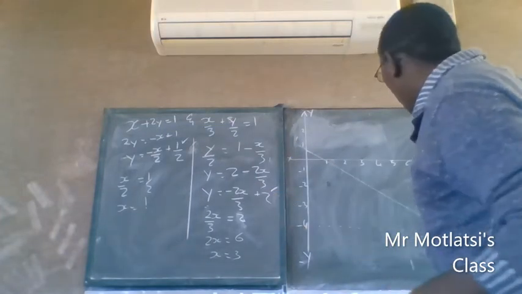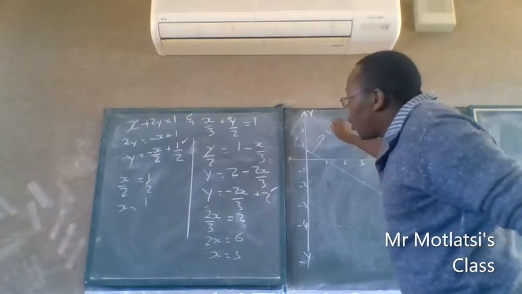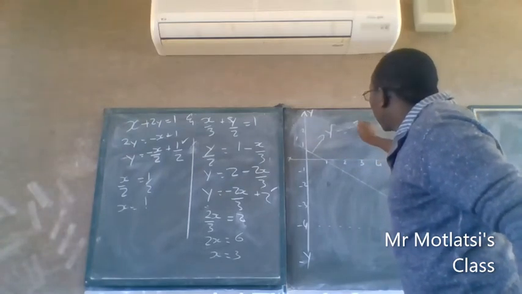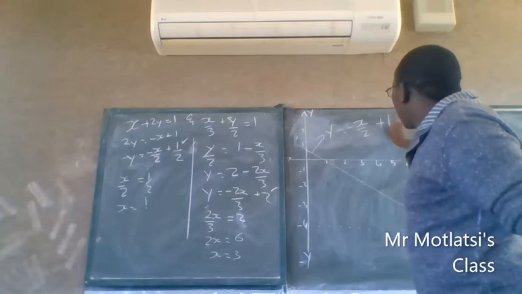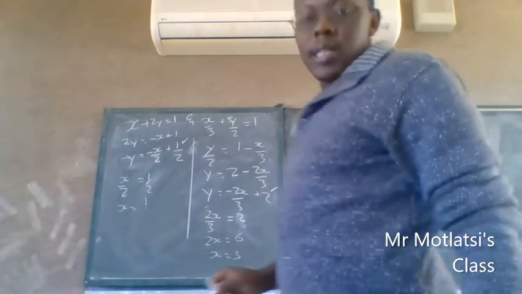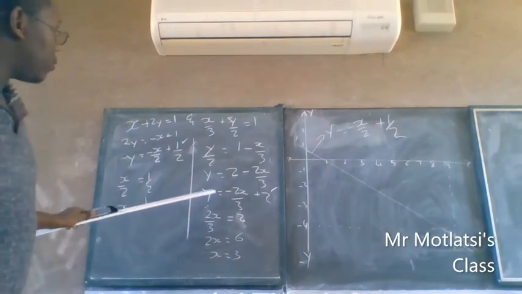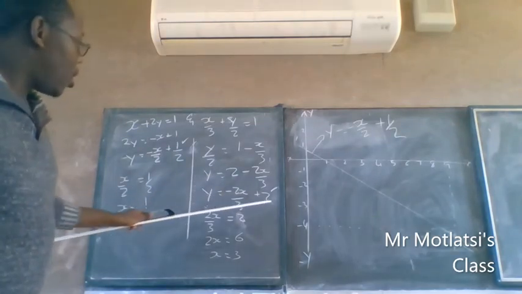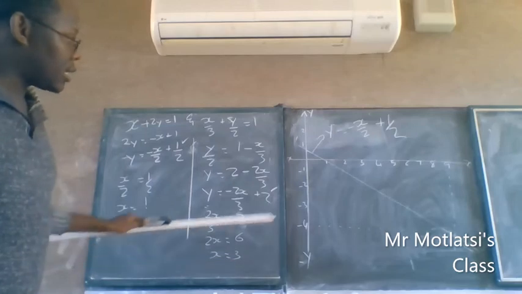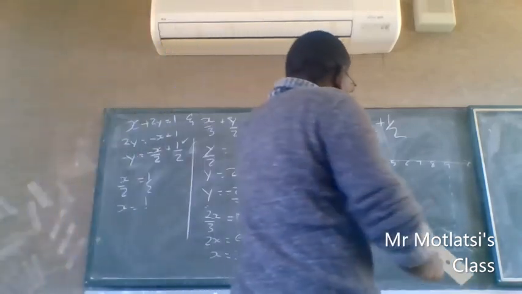Alright, so this is our line y equals minus x over 2 plus half. Then let's look at the second one. The second one crosses y at 2 and crosses the x-axis at 3. So this one like this.